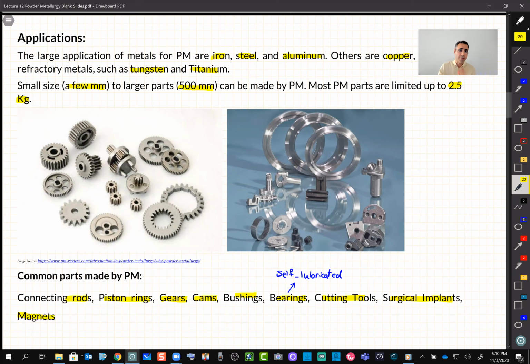Maybe at that time they found a way to make powder out of a metal, compact it into something, and put it into a fire or furnace, and made a part. But it's considered to be a relatively new manufacturing process.